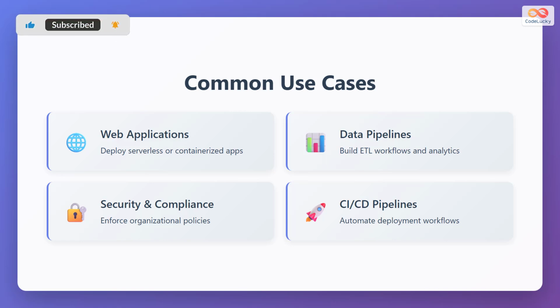For security and compliance, you can enforce organizational policies, set up monitoring, and ensure consistent security configurations across all environments. For CI/CD pipelines, CDK automates deployment workflows, making it easy to implement continuous integration and continuous deployment practices. These use cases demonstrate CDK's versatility across different application types and organizational needs.